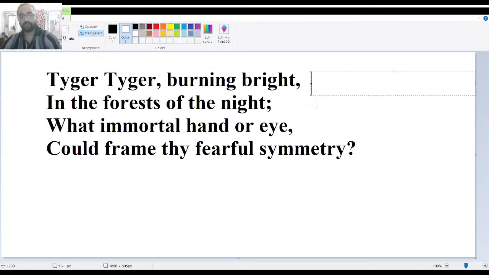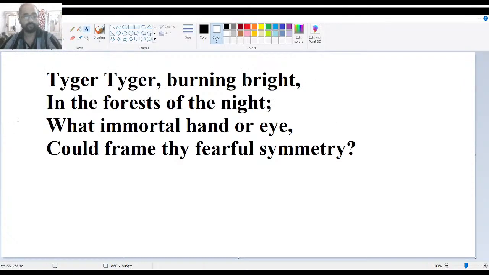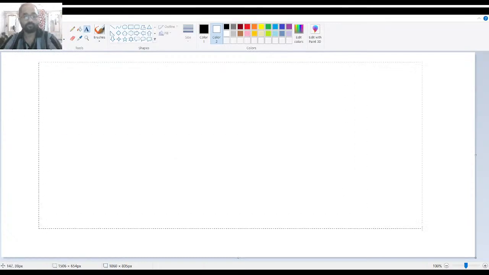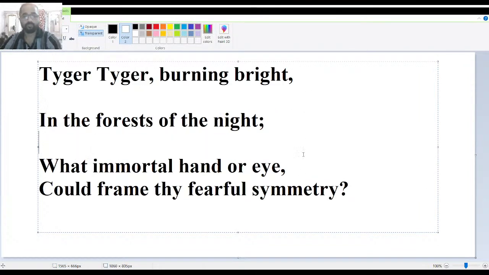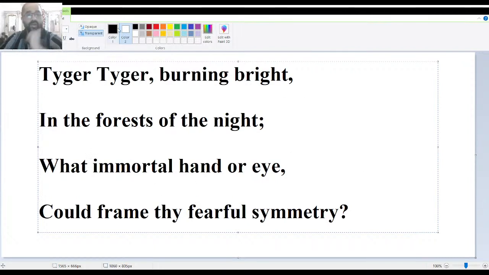A poem that you are familiar with, I hope. Let's identify the multisyllabic words.